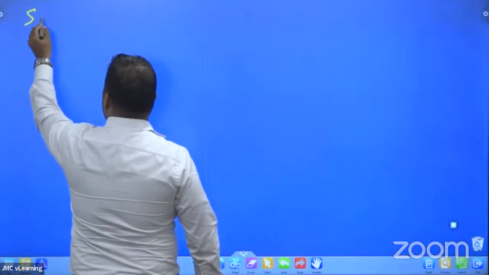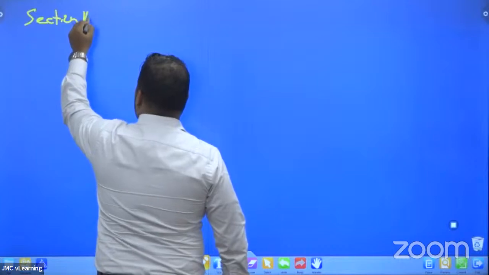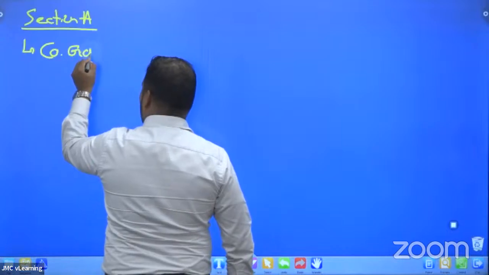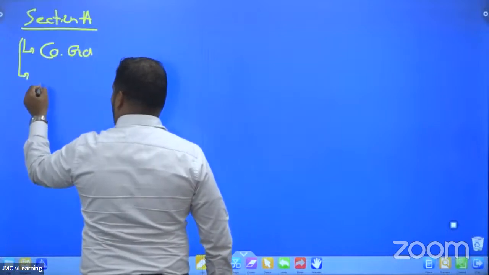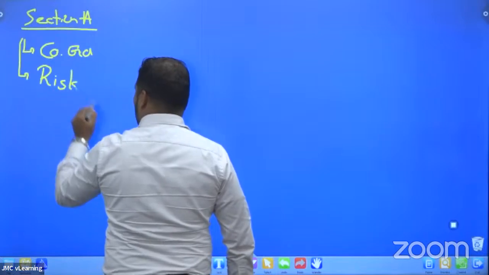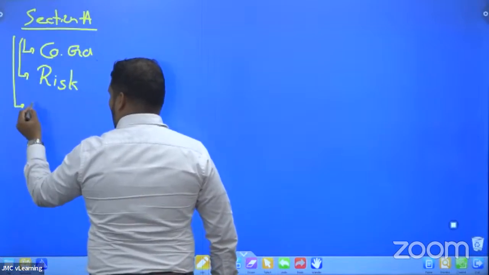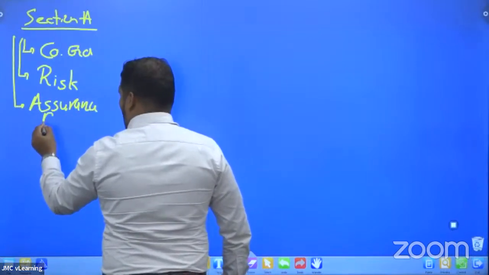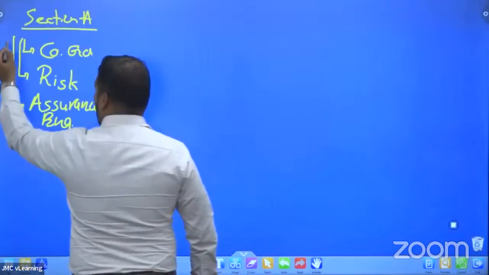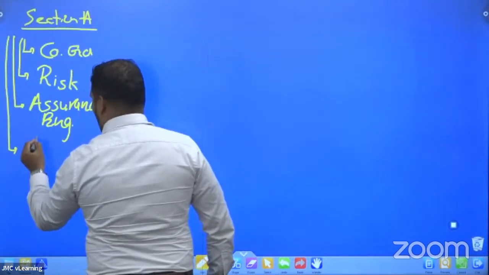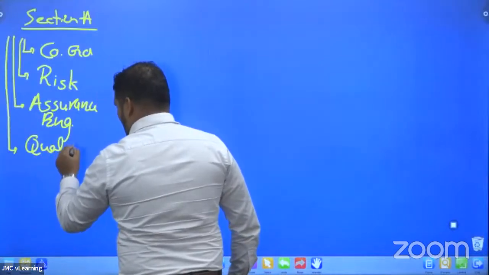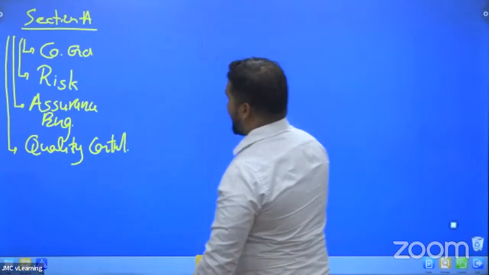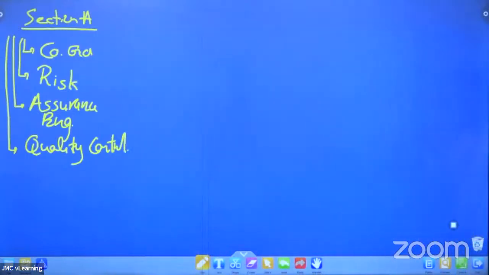Looking at section A, take down this: corporate governance, then risk, then assurance engagement, then quality control. Those are the main areas where your high attention needs to be devoted.